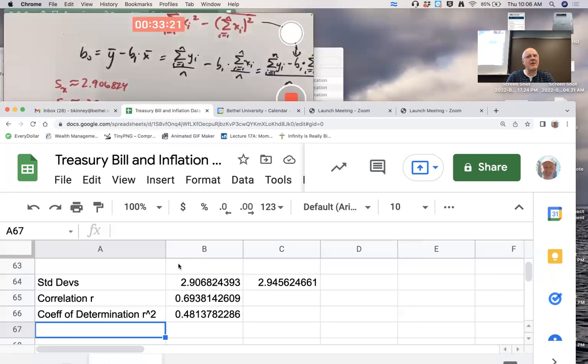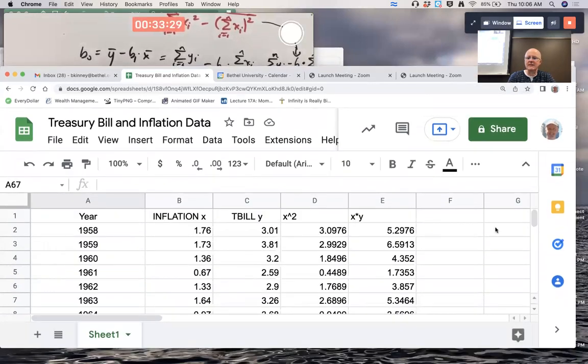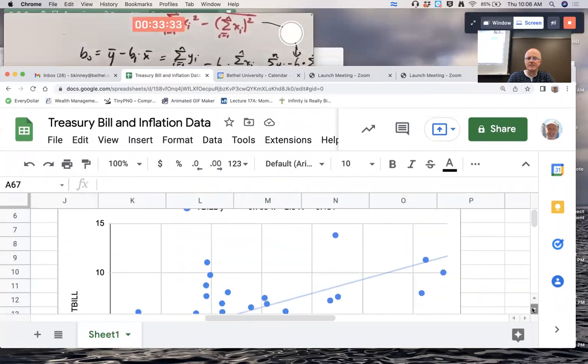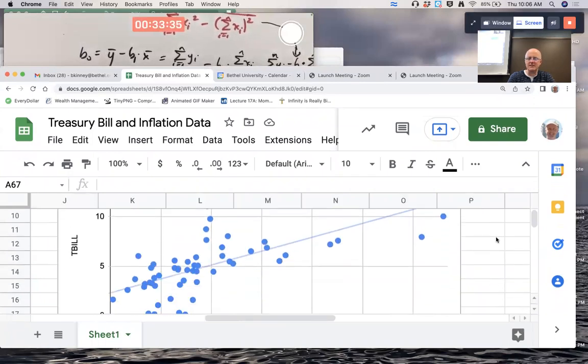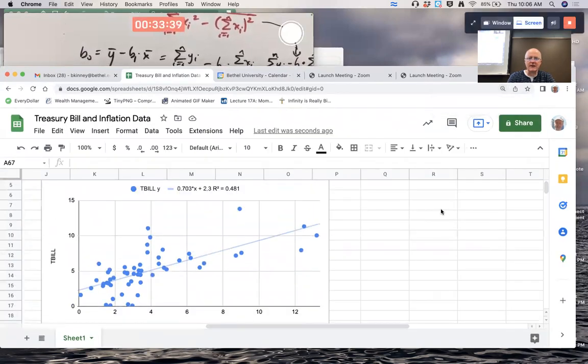It's tough to eyeball the correlation very precisely just looking at the scatter plot. If you're just looking at this graph over here, it's a pretty tough skill. It would take a lot of practice to be able to guess that R is close to 0.7 and R squared is close to 0.5 there. Am I good enough to guess that?